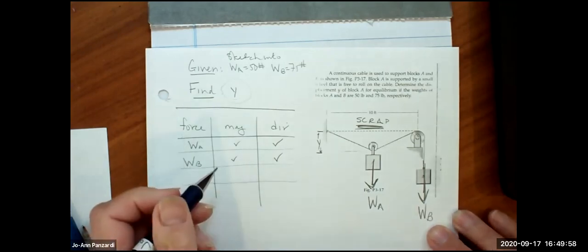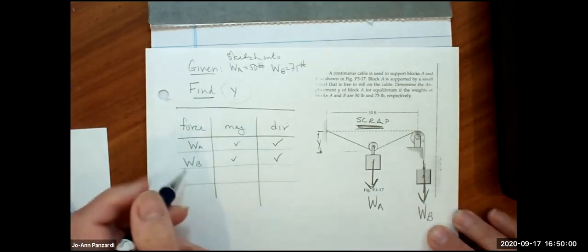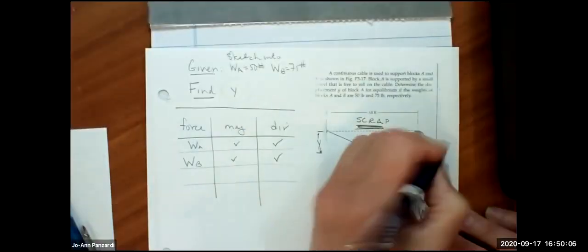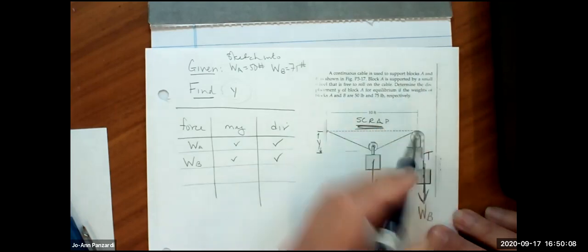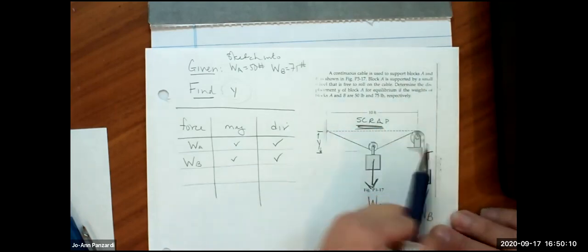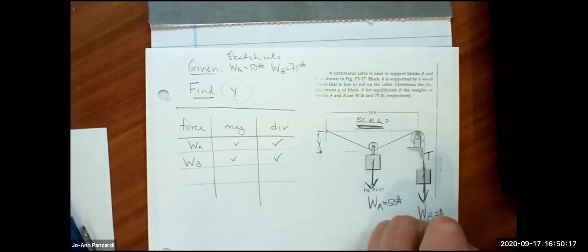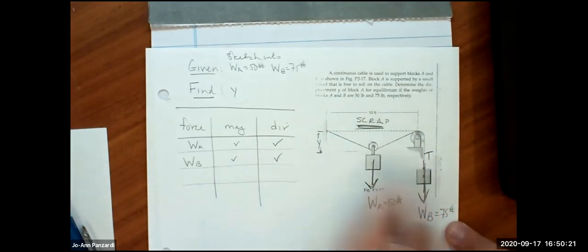Okay, what else, Mackenzie? So you would still include the tension from A to B? Okay, so let's talk about the tension now. So Mackenzie, let me write 50 pounds and let me write 75 pounds. I always like to write the numbers on the picture so that I remember that I know the magnitudes.